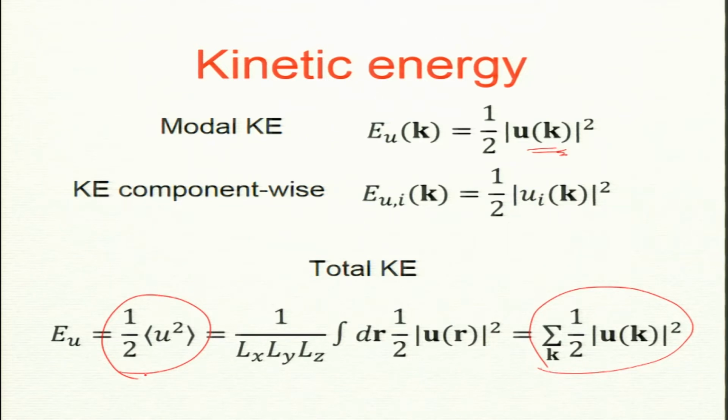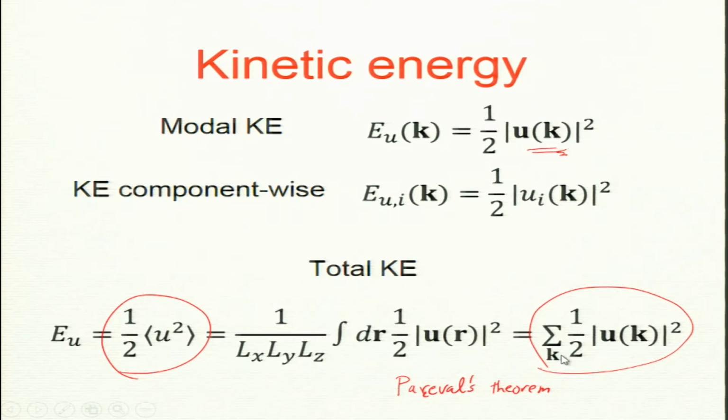It was proven in the first module, and this in fact is called Parseval's theorem. This is an important relation, and we need this in our simulations and so on.